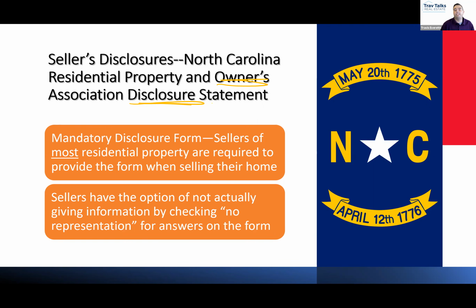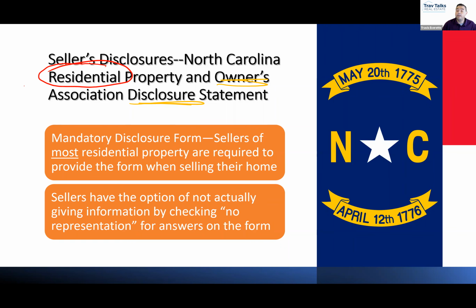Who do you think is filling this disclosure form out in the transaction? The owner. The seller. In the transaction, is that the buyer or the seller? The seller. This is the seller's disclosure form when residential property is being sold in North Carolina. And we know it is residential because it's the Residential Property and Owners Association disclosure statement.